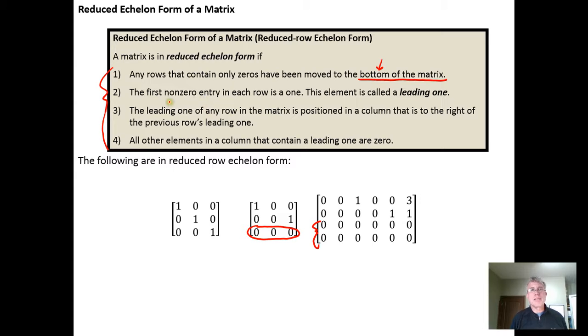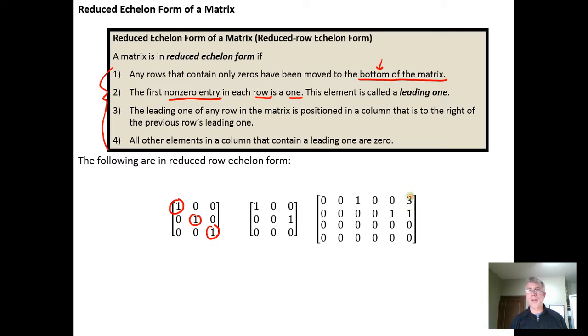The first non-zero entry in any row has to be a 1, the first non-zero entry. So when you look at the first matrix, here's the first non-zero entry in this row, and it's a 1, so it meets criteria 2. Here the first non-zero entry in row 2 is a 1, so it meets that criteria, and the first non-zero entry in row 3 occurs here, and it meets that criteria.